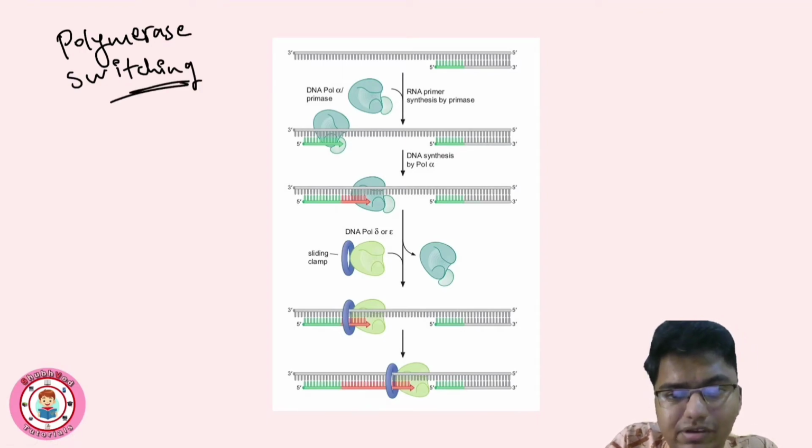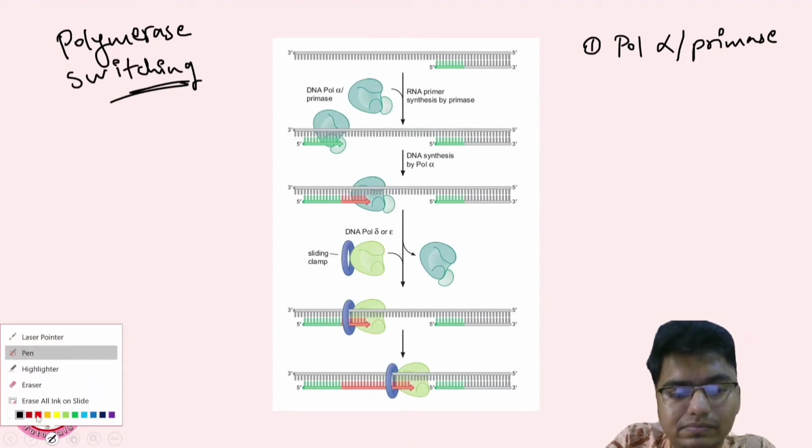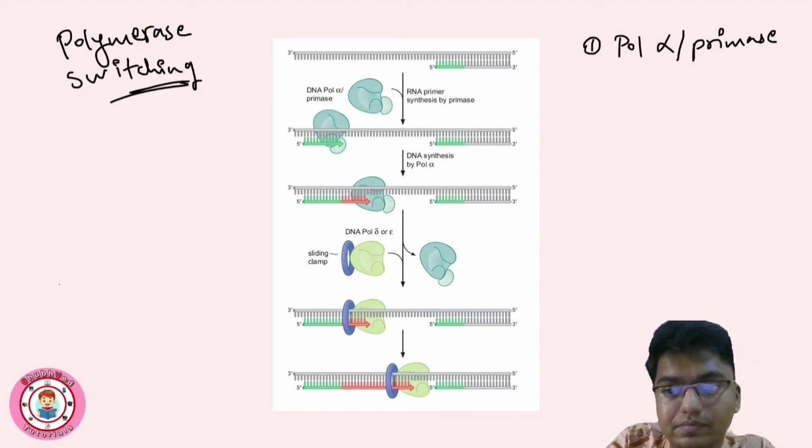See, we know that first the primer is synthesized. Polymerase alpha, which is also a primase, synthesizes the primer, as well as some nucleotides.